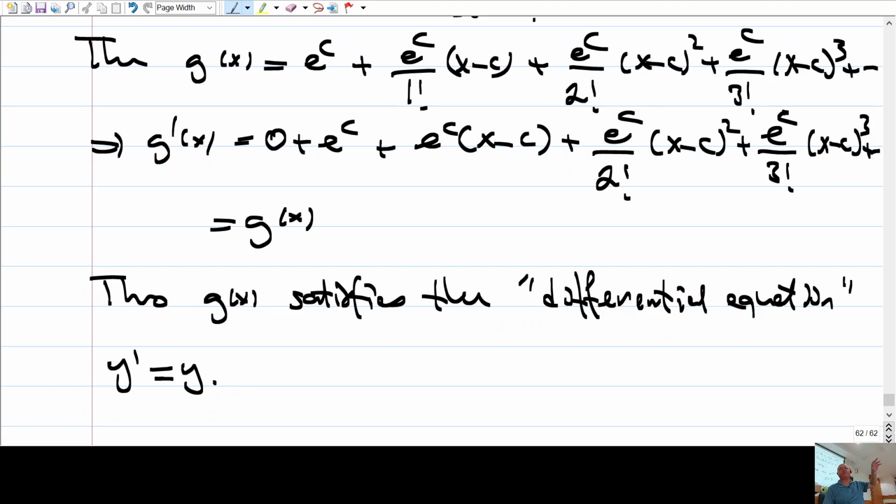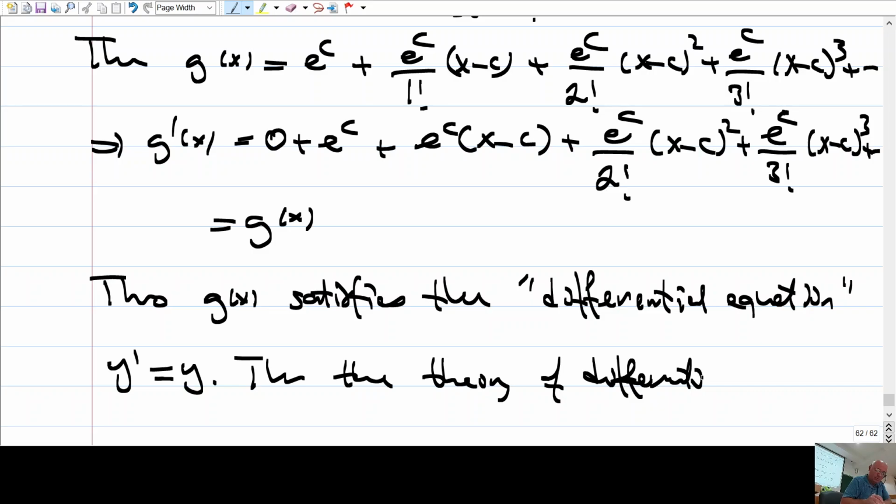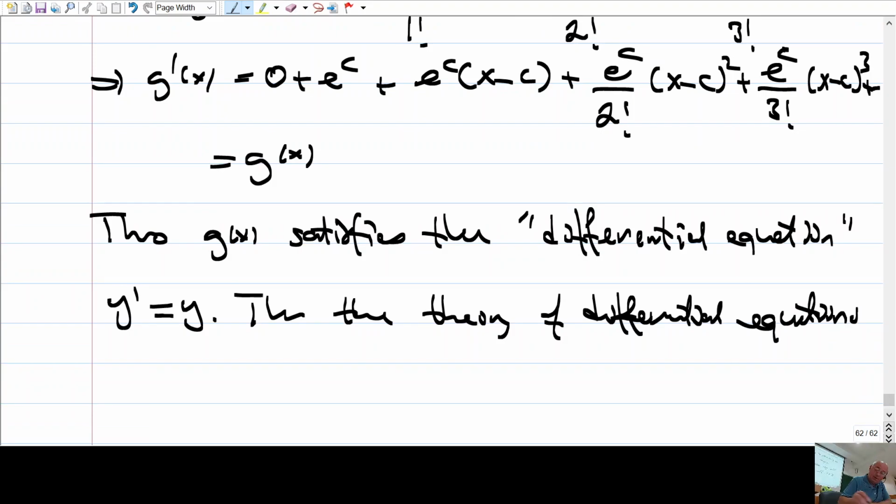The theory of differential equations tells us that if you have a function like this, it should be exponential. So g of x is indeed e to the power x.